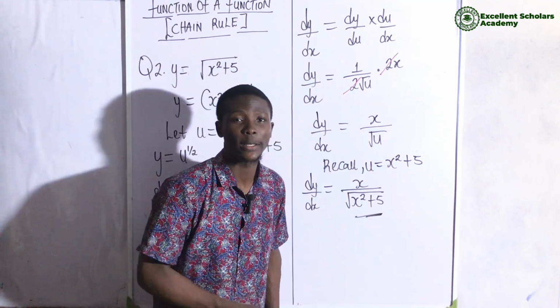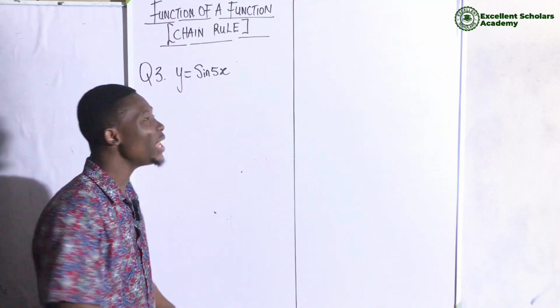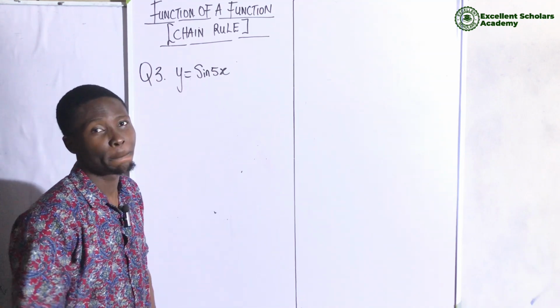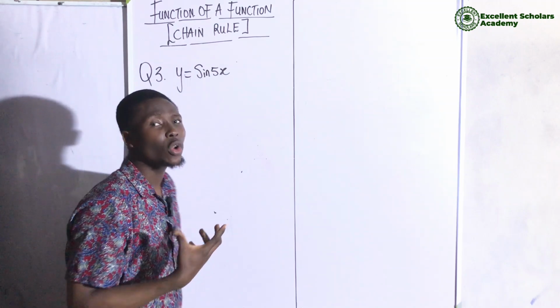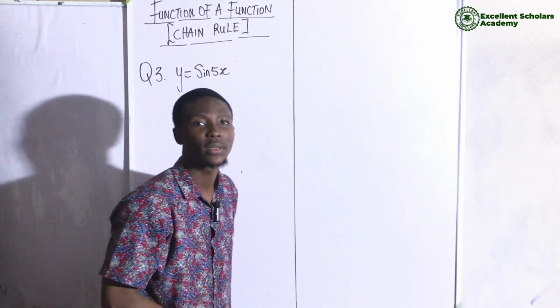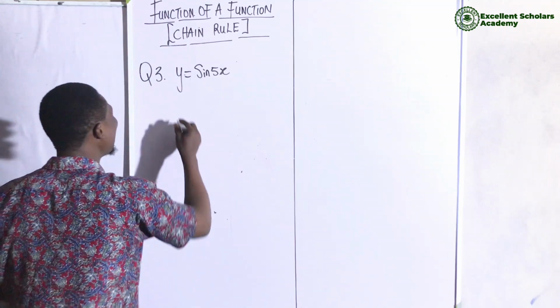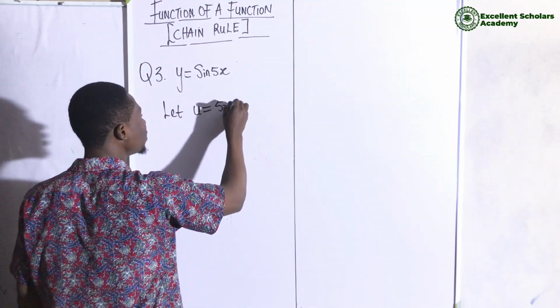I hope you understand that. So this is the next question we are going to solve. y equals sine 5x. Now, if you watch closely, this is a trigonometric function having an algebraic function inside of it. So you say let u be equal to 5x.